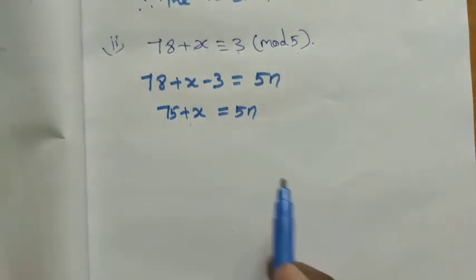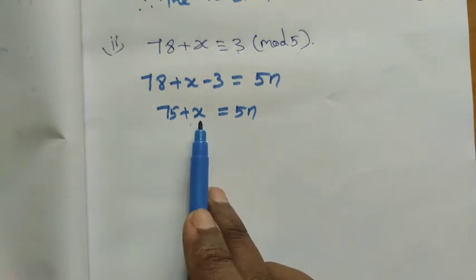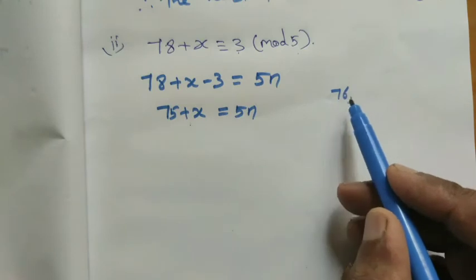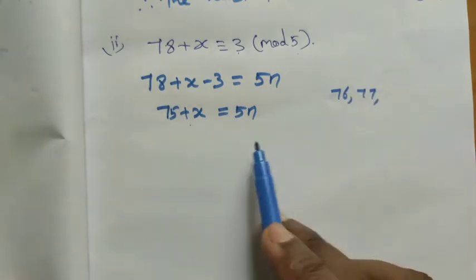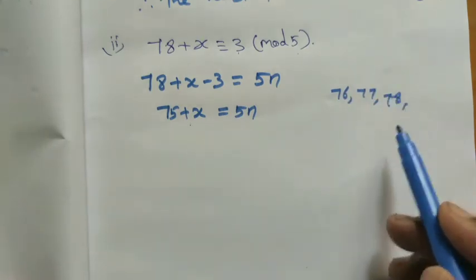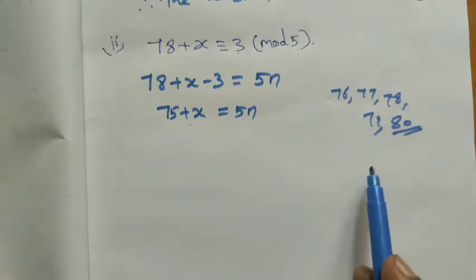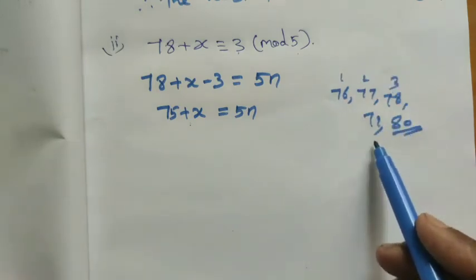Let's check it. If I put x equal to 1, what do you get? 76. It's not divisible by 5. Then put 2, 77, it is also not divisible by 5. 78 is not possible, 79 is not possible, 80 is exactly possible. So 1, 2, 3, 4, 5.